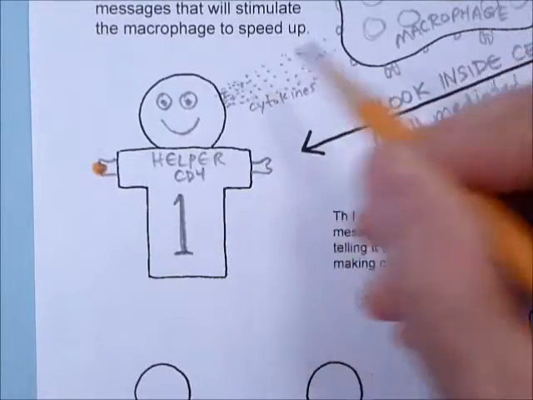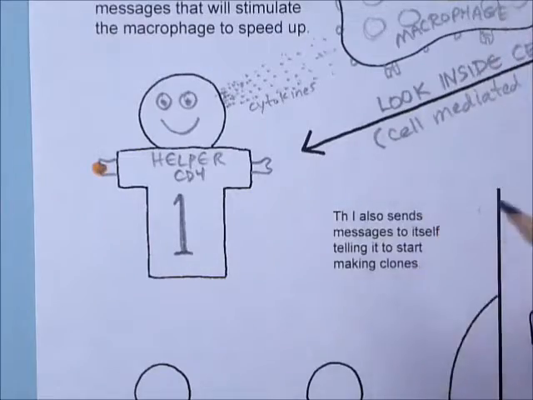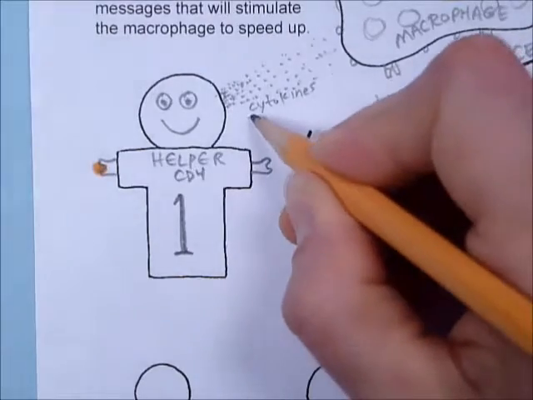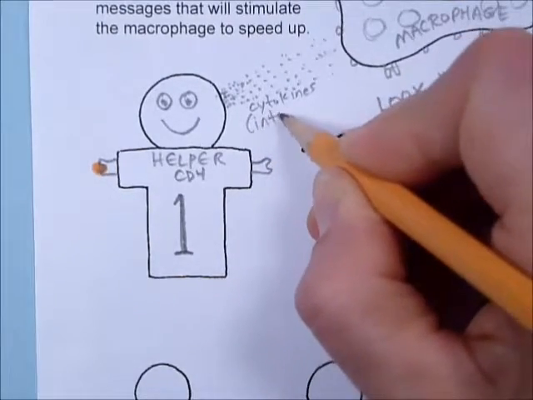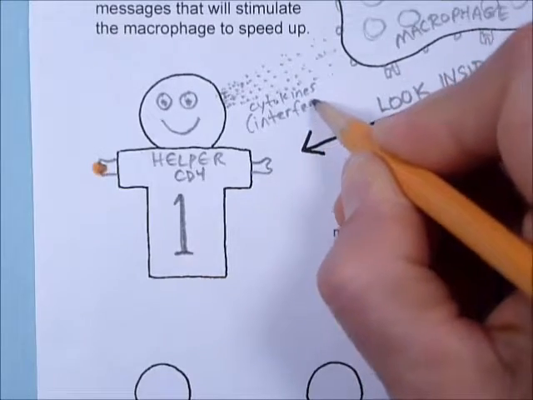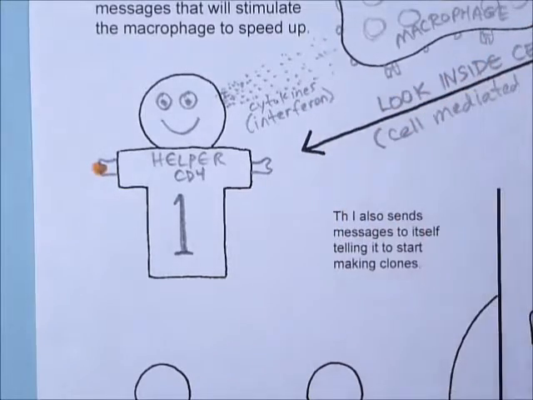And just for you guys that like trivia, if you want to know what kind of cytokine it is, this is interferon. And these cytokines, called the interferons, got their name from when they were discovered. It was in the process of interfering with the viral process, so they got named interferons, and then they discovered, wow, interferons do other things too.